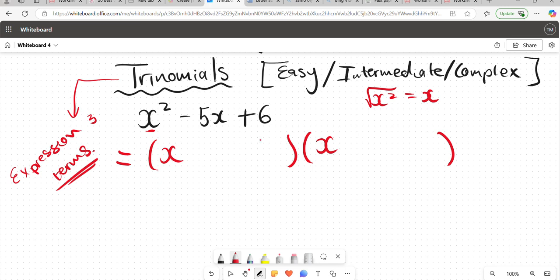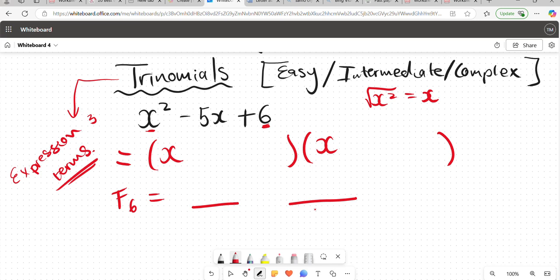Then you look for factors of 6. So factors of 6 are two numbers that multiply to give me a 6. But which ones am I looking for particularly, because there's a lot of factors that multiply to give me a 6. A 1 and a 6, a 2 and a 3, a -1 and a -6, a -2 and a -3.